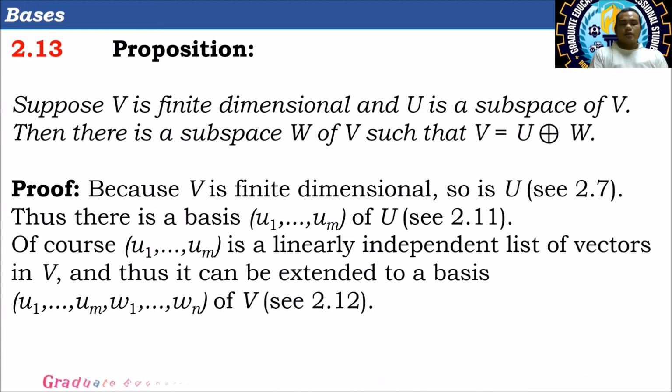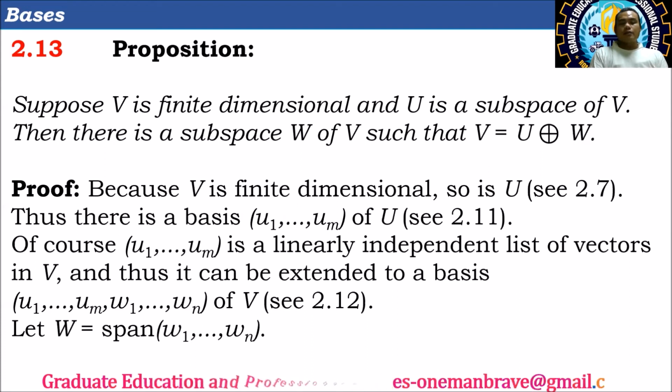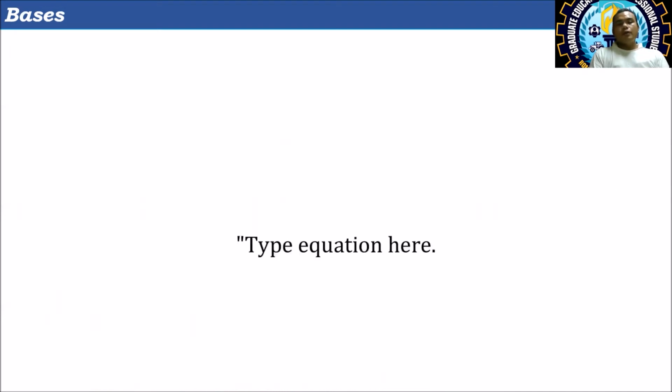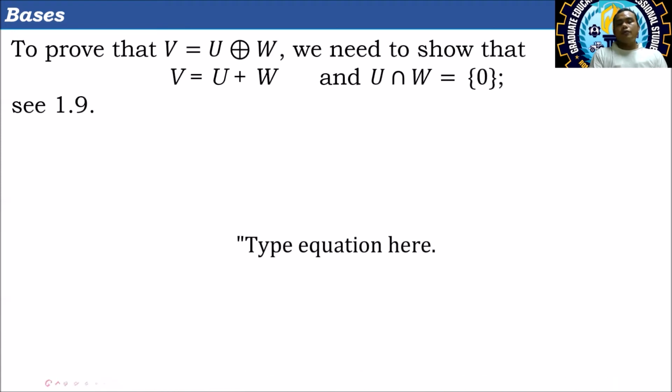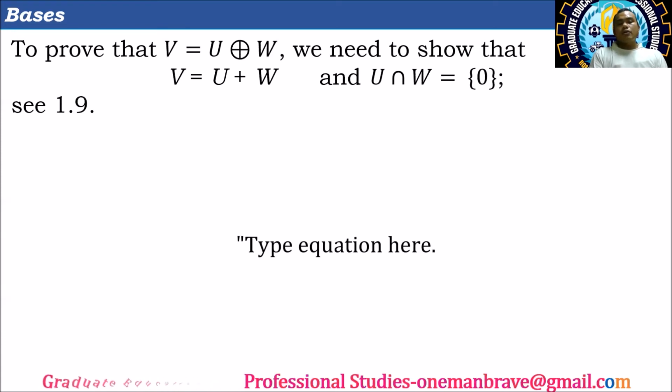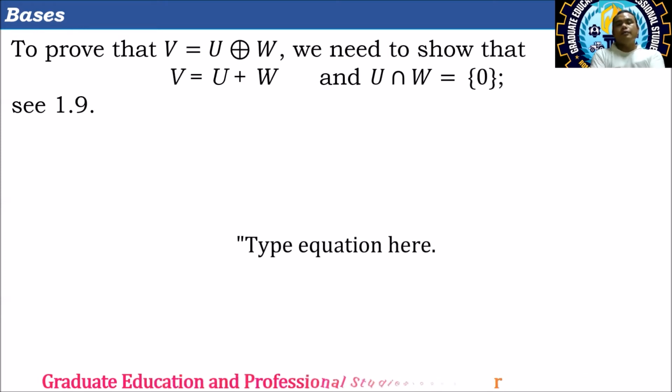Okay, so let W be equal to the span of w1, ..., wn. To prove that V is equal to the direct sum of U and W, we need to show that V is U plus W, and that U intersection W is 0, to show that it is also unique.